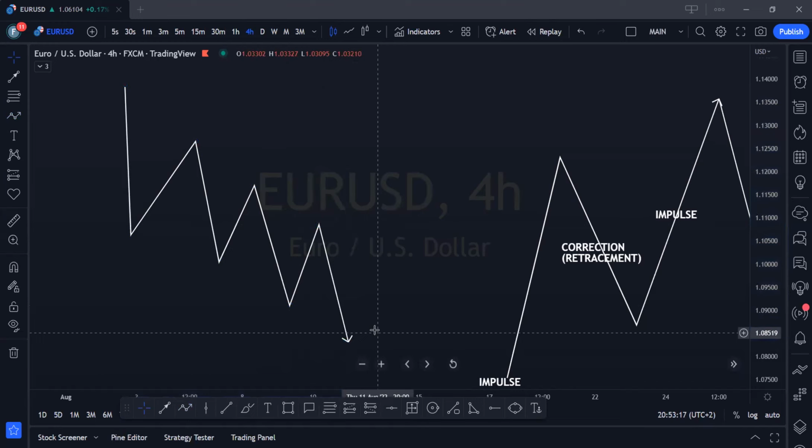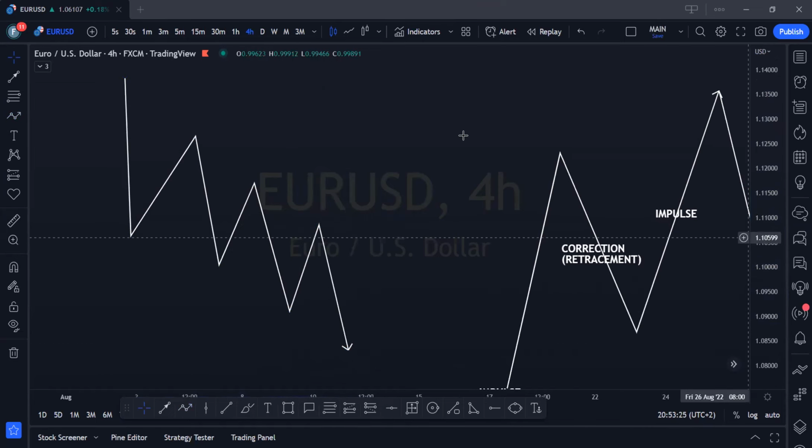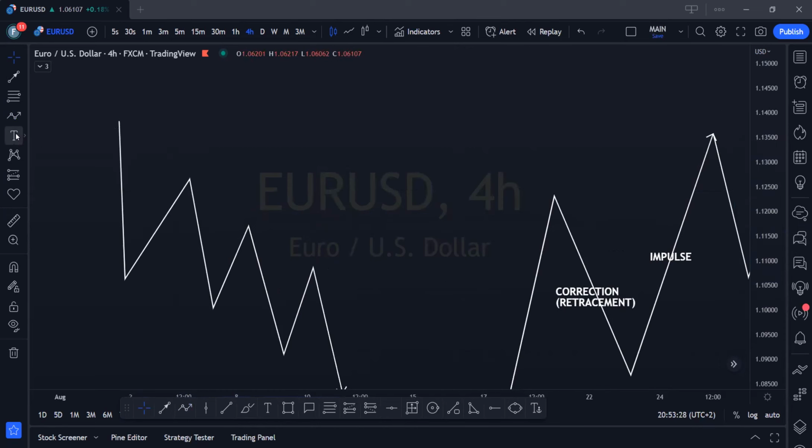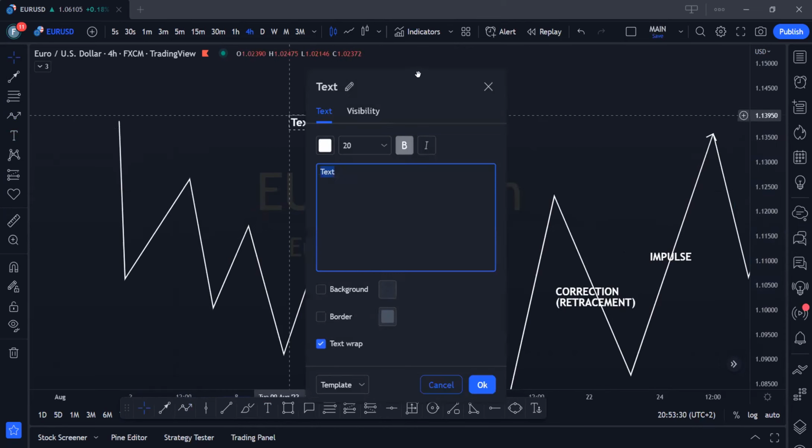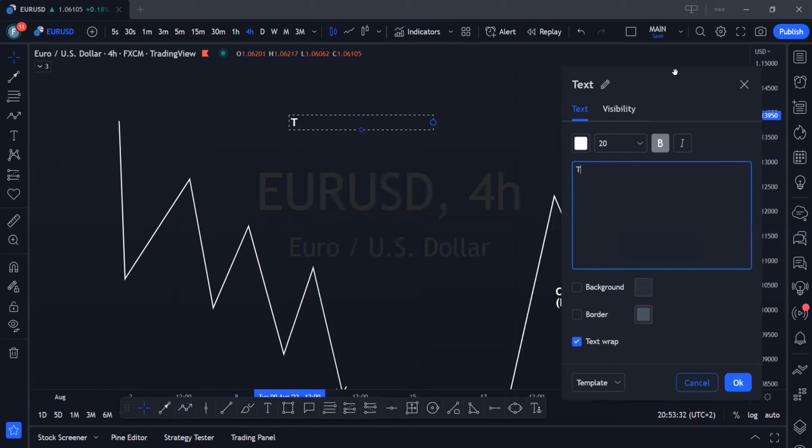All right. So why do we need to know what an uptrend is and know what a downtrend is? It's very, very important, because you always want to trade with the trend, right?